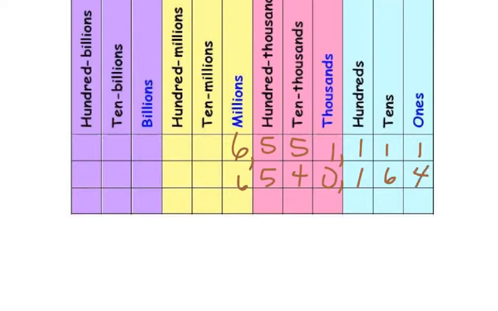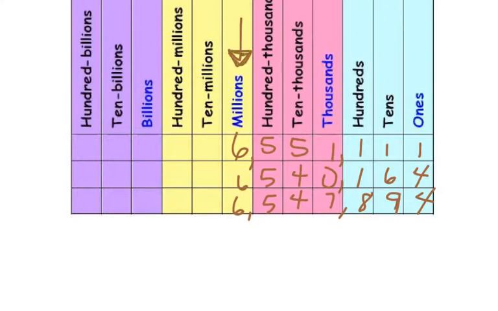And finally I have 6,547,894. Now, I always encourage my fourth graders to stack the numbers up, because if you try to eyeball them, there are 7 digits in each of these numbers, and it's going to be easy to not keep up with the place value.